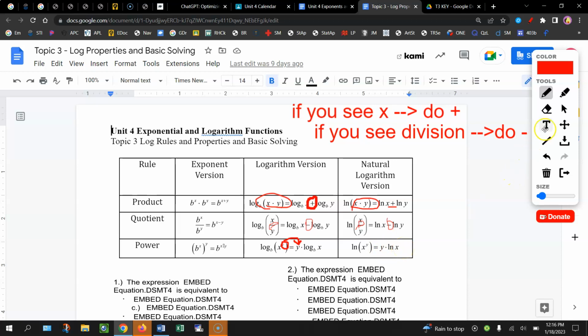So the last thing we're going to put down here is if you see an exponent, multiply in front. So you're going to bring it down front. So those are the three rules: product, quotient, power, just in terms of logs that we're going to utilize here.